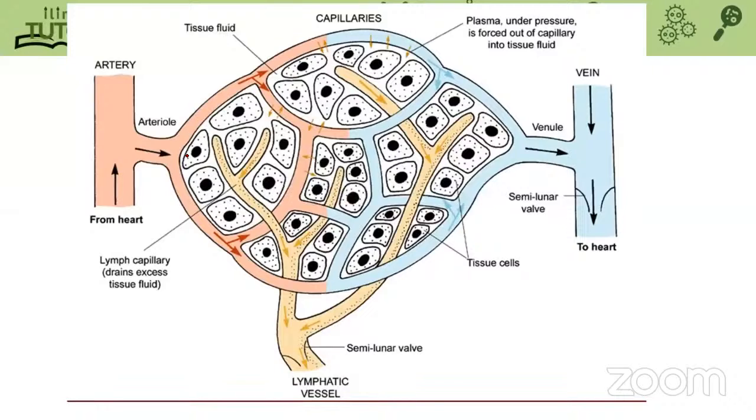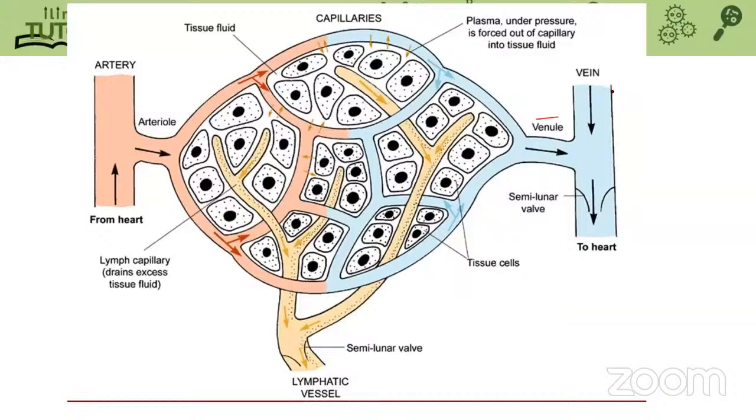Like smaller arteries. Now, the arterioles will differentiate into capillaries, okay? And capillaries, again, will fuse to form venules. Venules will drain into veins.